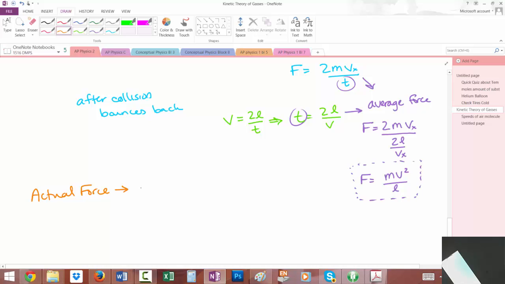So it's going to be the sum of all the forces by all N, capital N, that was the number of molecules, right? Okay, that are moving in one direction. I'm going to say with the x component, because we're just going to talk about x first.